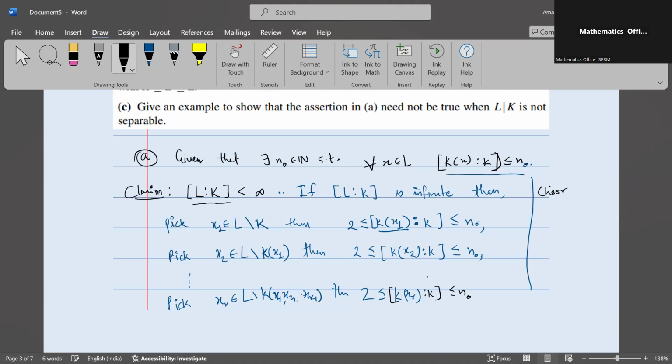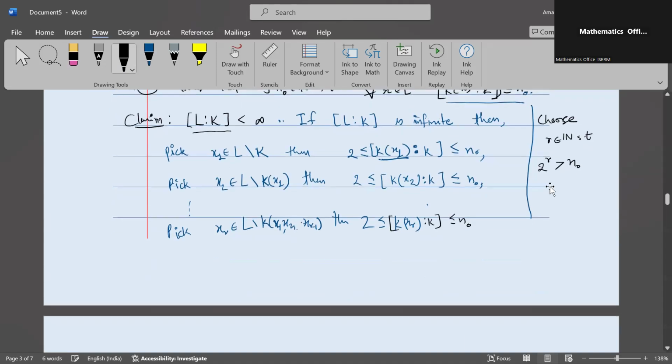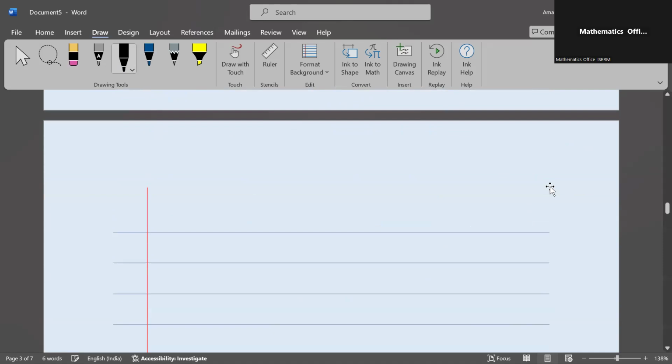Choose r a natural number such that 2 to the power r becomes bigger than or equal to n naught, or strictly bigger than n naught. Then what happens to this field k(x1, x2, up to xr)?